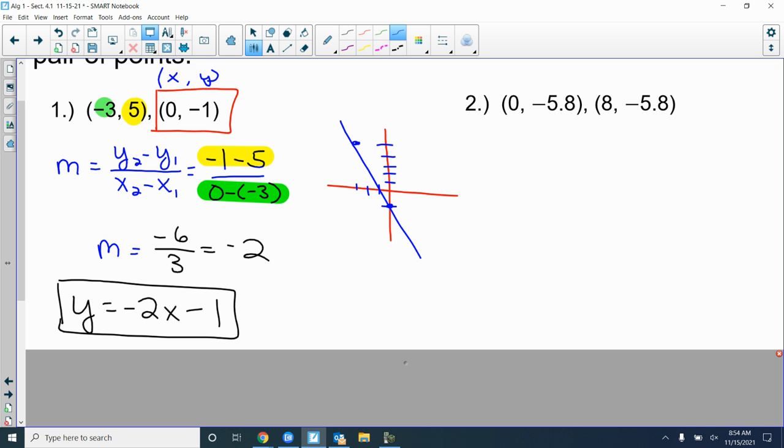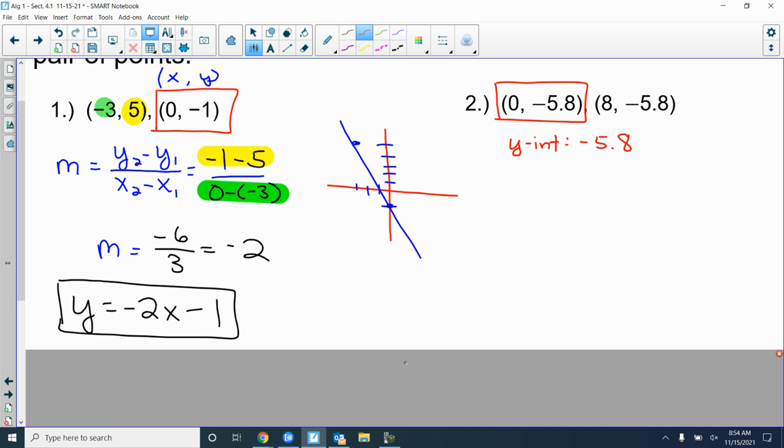Do you have a point over there that has 0 in the x-coordinate? Yeah. So right here, that says (0, -5.8). That means your y-intercept is that y value, -5.8.